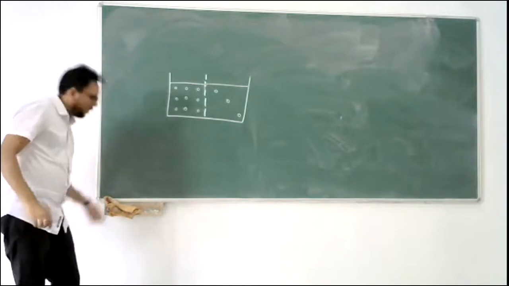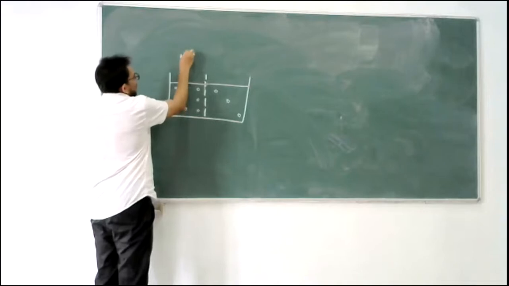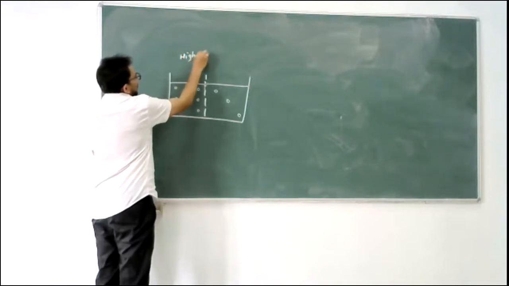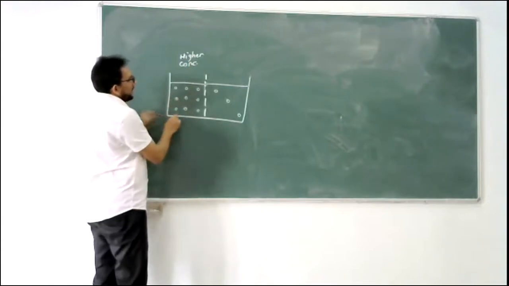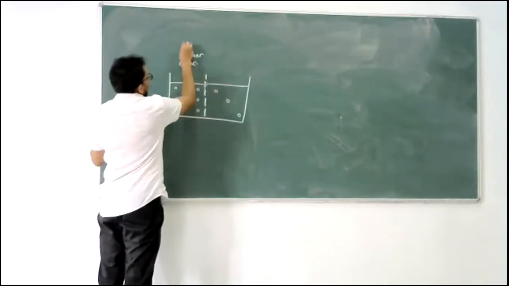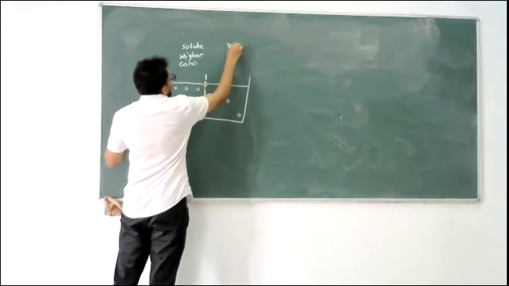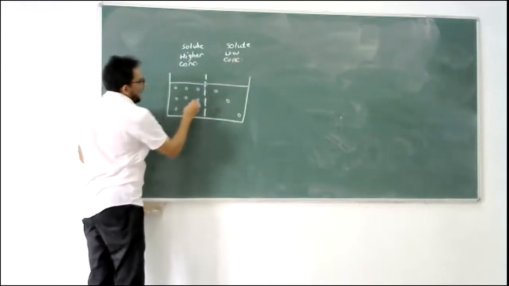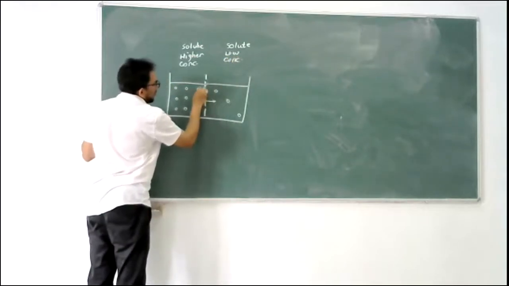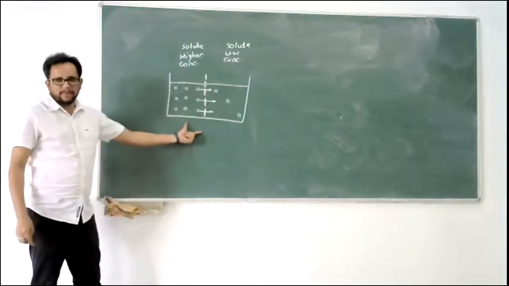Right? So diffusion will happen from higher concentration of solute, I will write solute higher concentration, and solute lower concentration, right? So the movement will happen across the concentration gradient. That is what diffusion is, correct?